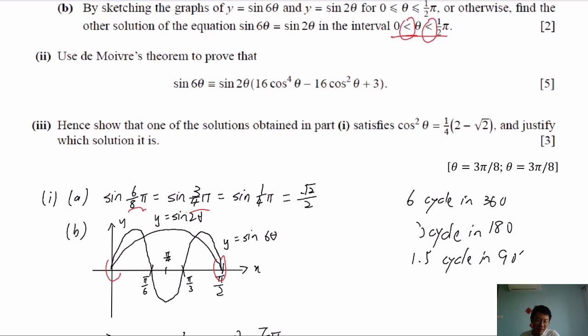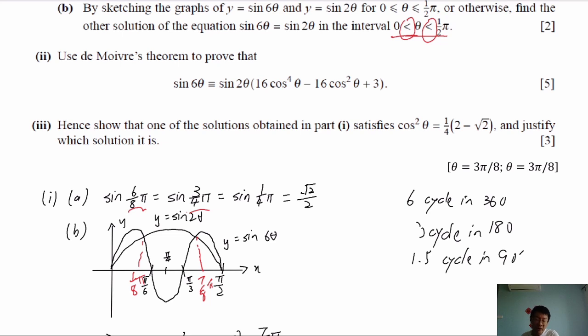Knowing that, from part A, we already know that one of the intersections, or solutions, or roots, whatsoever, is 1/8 pi. So from there, we know there is another intersection here. For this intersection, the value will be 7/8 pi.